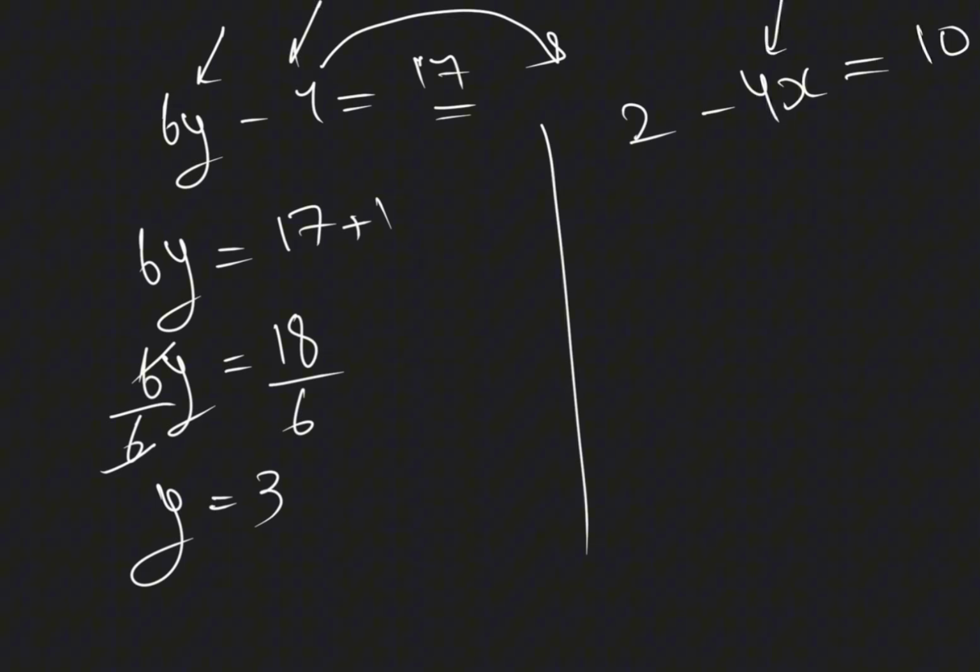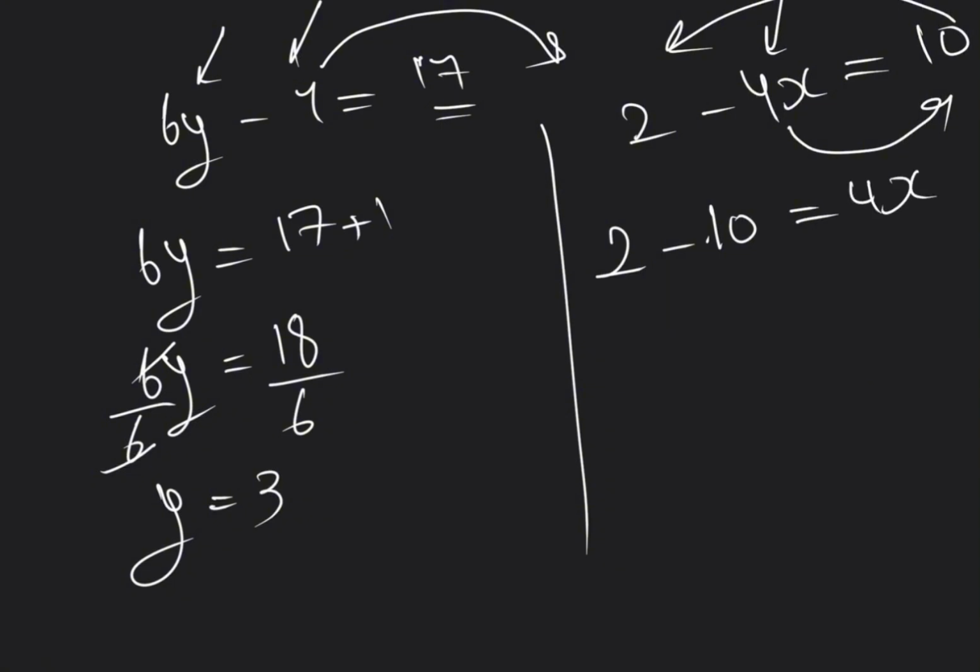I look at my number here. My number here is negative. I'm talking about the number with the variable. So what we said, we move it. Then I'm going to move the 10 here. So it will be 2 minus 10 equals 4x. Now 2 minus 10, you know, is minus 8. So here it will be 4x.